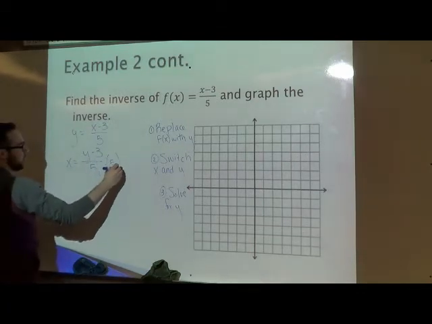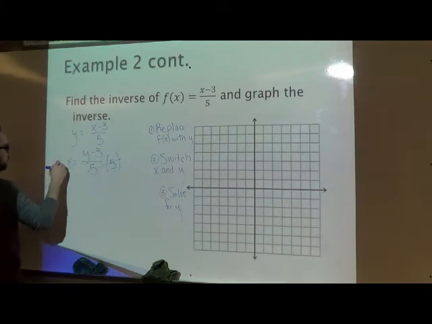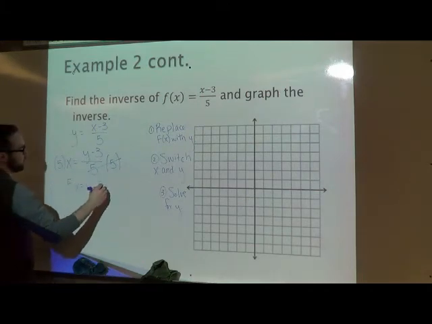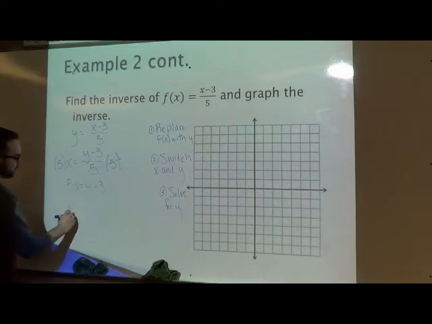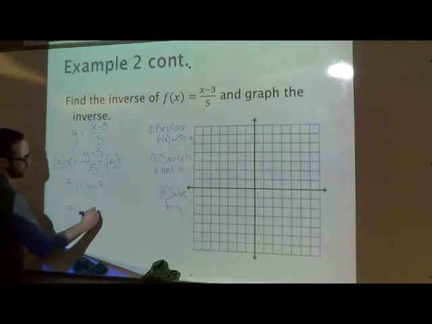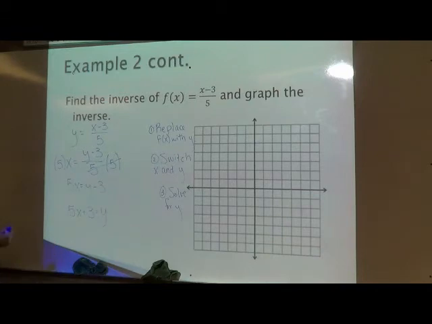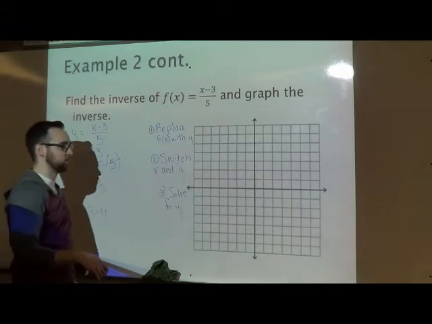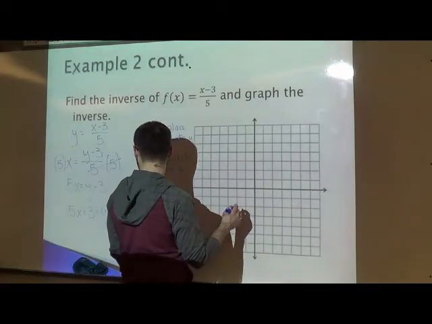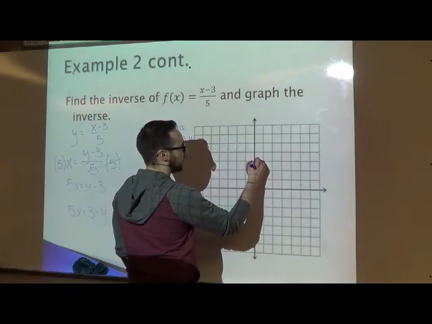So I multiply both sides by 5, so those will cancel. I end up with 5x is equal to y minus 3. Add 3, so I get 5x plus 3 is equal to y. And we're back to graphing linear equations, which I know you guys are probably relieved with this after the things we've been graphing. So again, we start up here at positive 3.